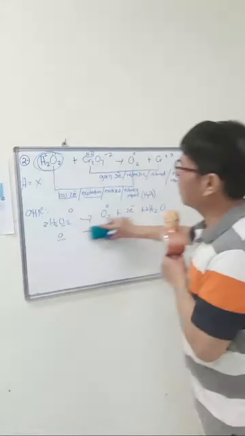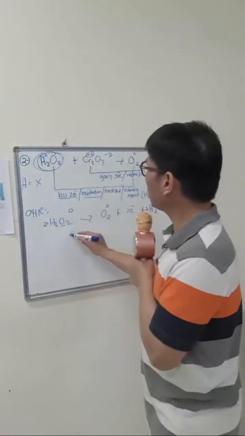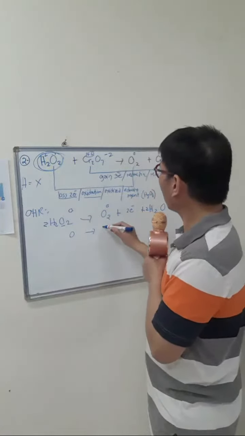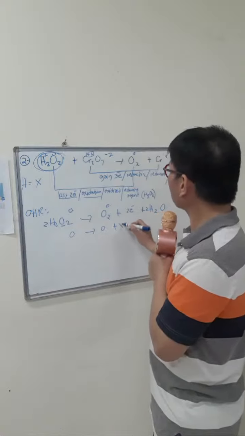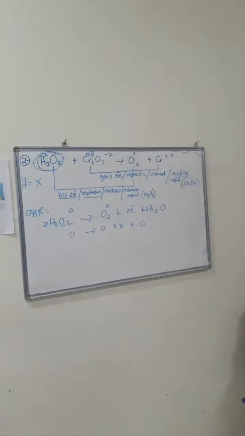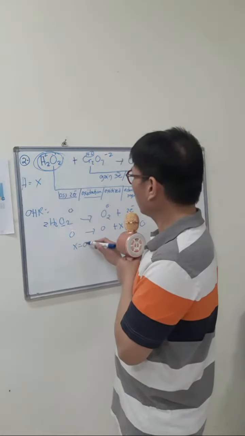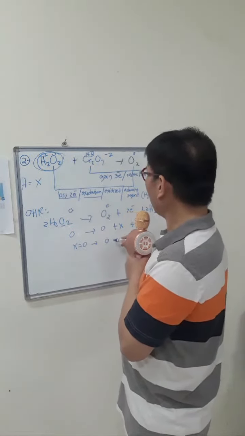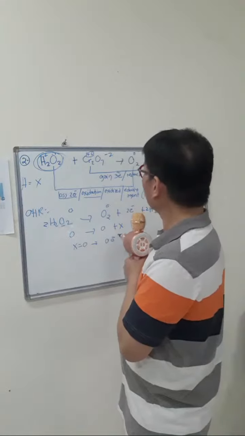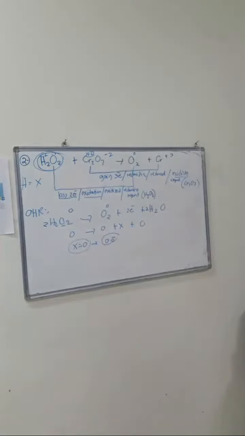So 0 is equal to 0 plus X plus 0. What is your charge now? So X is equal to 0. So this is going to be 0 electrons. Take note, will 0 electrons exist or not?